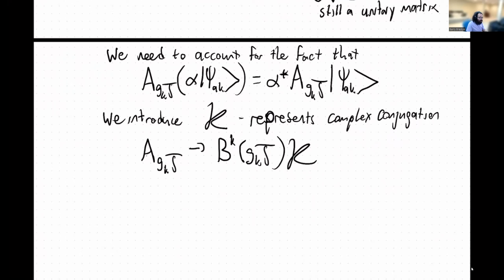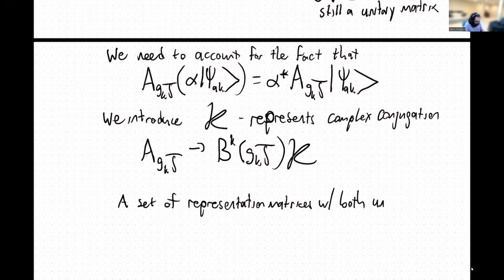So an object like this, a representation where we have both unitary and anti-unitary operations, is a little bit different from the standard linear representations that we usually are used to, and so we give them a different name. So a set of representation matrices with both unitary and anti-unitary operators is called a co-representation.